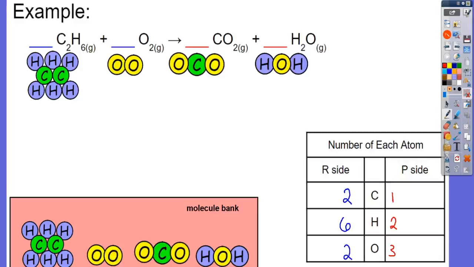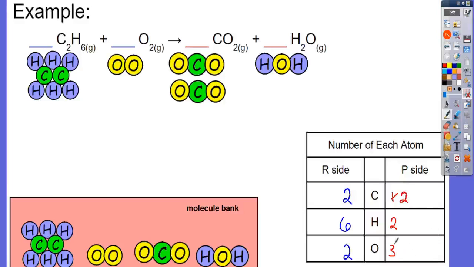So I have 2 carbons here on my reactant side, only 1 over here on my product side. So I'm going to add 1 more molecule of carbon dioxide. So now my carbons have changed. I had 1 carbon. Now I have 2.